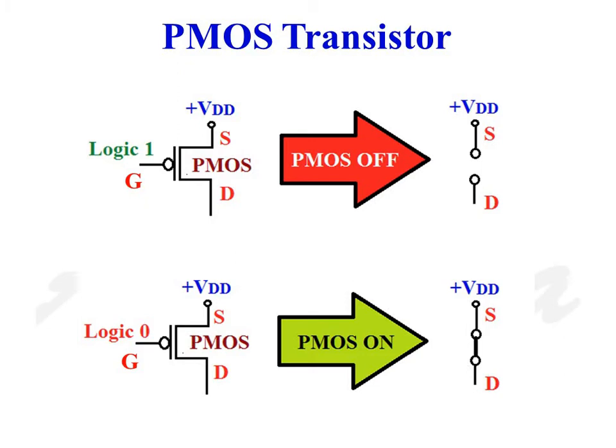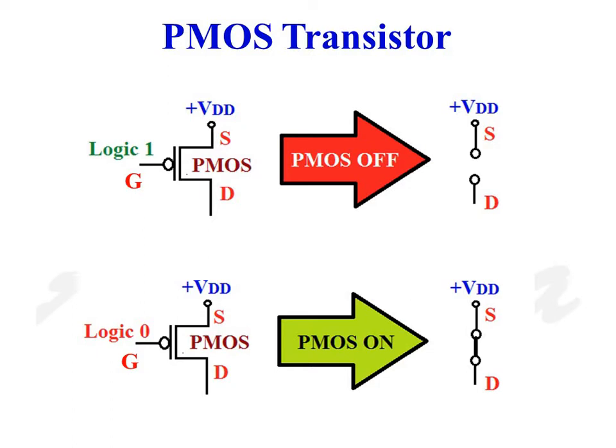In the case of a PMOS transistor, if its gate potential is equal to logic 1 or plus VDD, the PMOS transistor is in the off condition and resistance between source and drain is equal to infinity. Current flow from source to drain is equal to 0 as resistance between source and drain is equal to infinity.